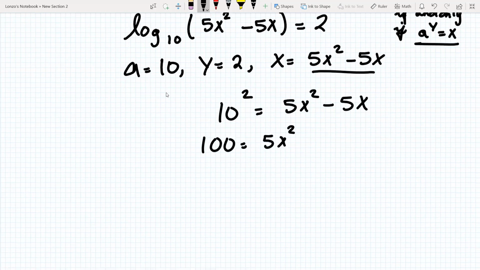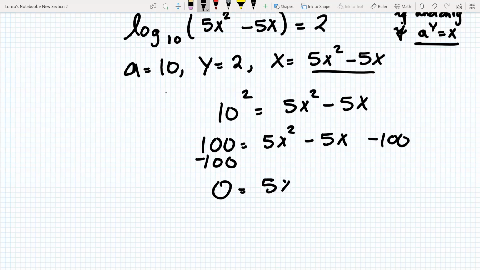So 100 equals 5x squared minus 5x. You want to solve for x, so we have to factor. In order to do that, we got to get 1 times 0, so let's subtract 100. So you get 0 equals 5x squared minus 5x minus 100.